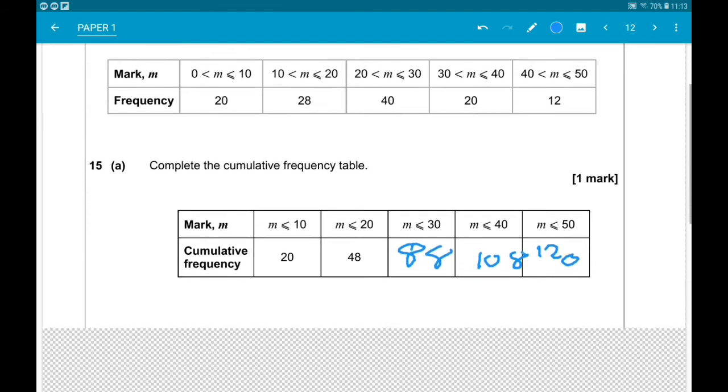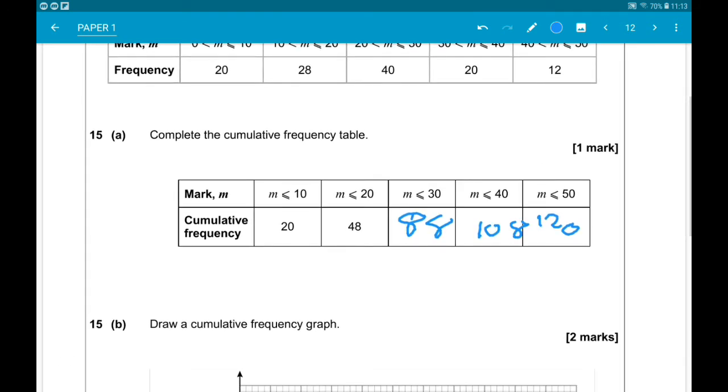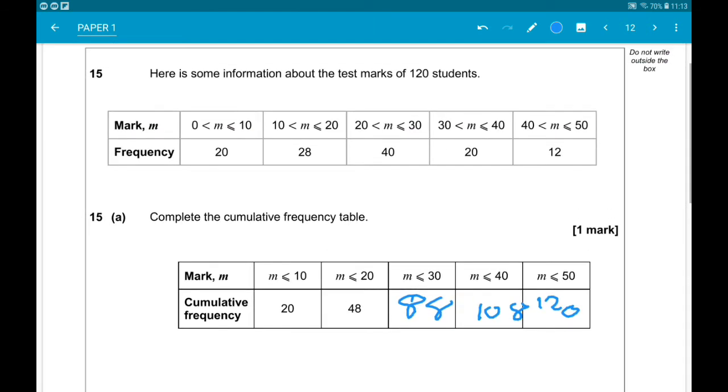Okay, then part B wants us to draw a cumulative frequency graph. So, a couple important things. You need to know where the graph starts. So here, because in the top table, the lower bound in the first interval is 0, the graph comes out from 0 on the x-axis.